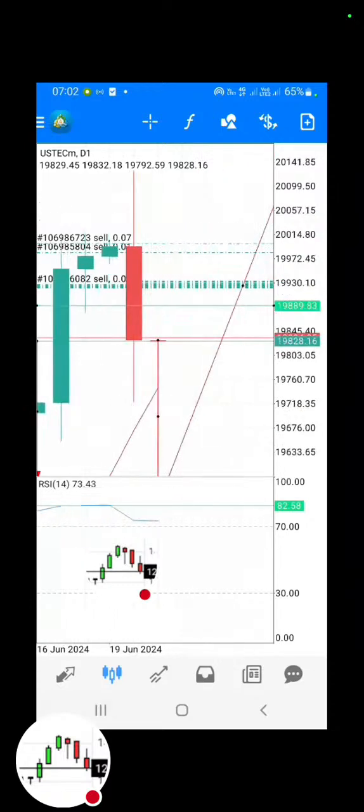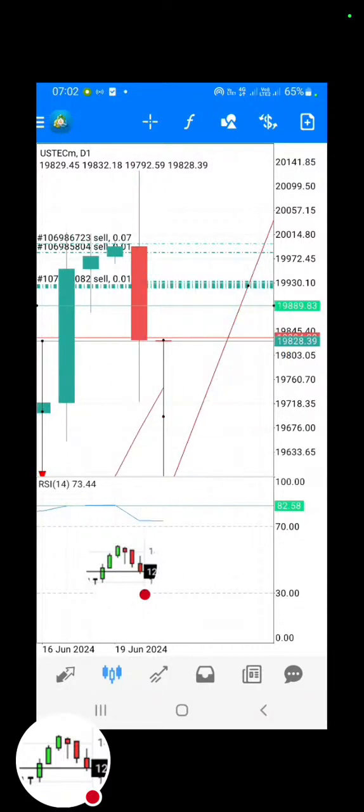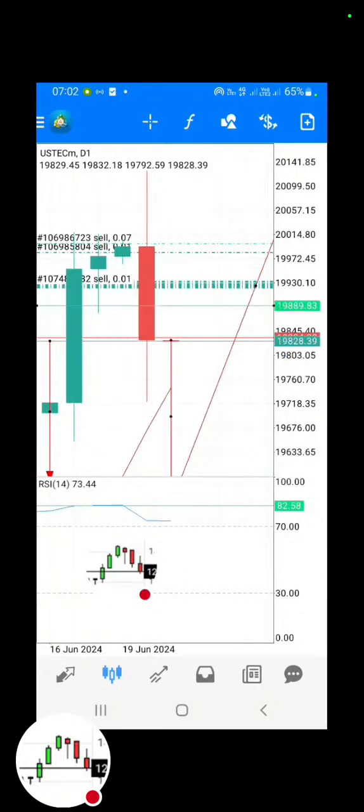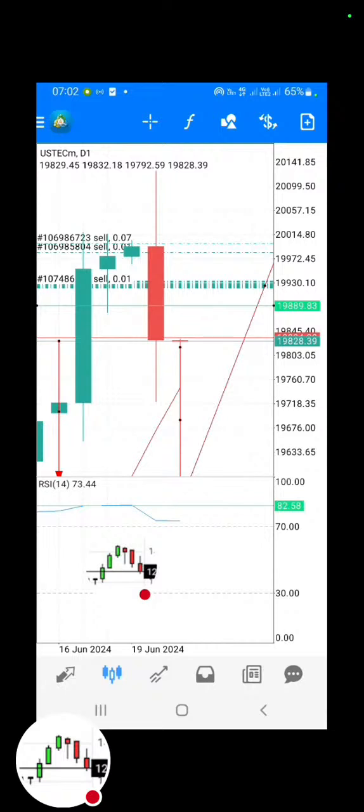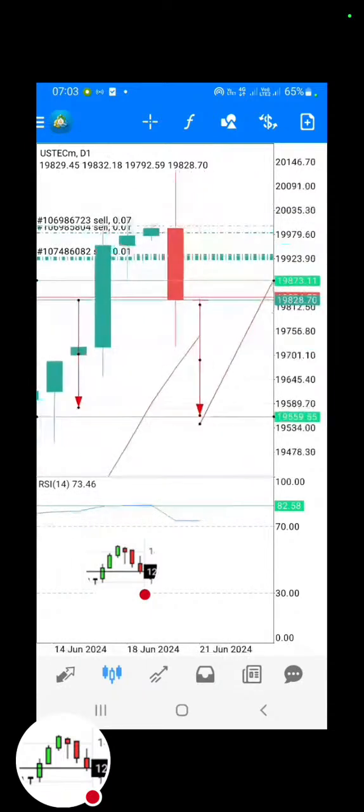Right now the market won't go up, obviously, because this is a bearish candlestick, and this is a bearish candlestick. You can see how this candlestick closed. So we just need a pullback. If I get a pullback from here, I'm going to place at least a lot of sell.